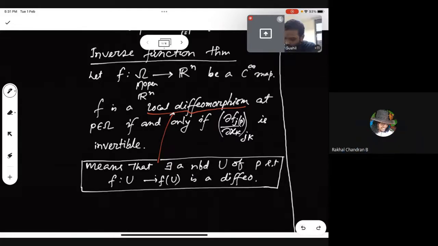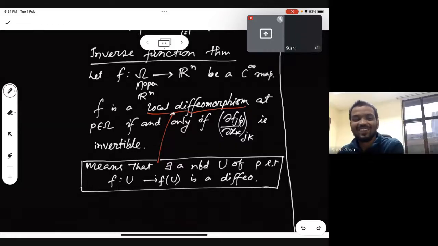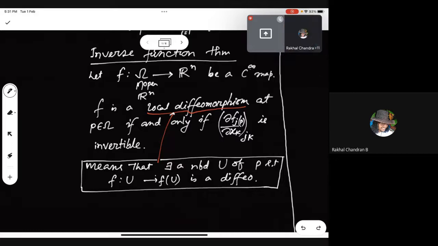Sir, in the proof we are constructing a U such that f of U is open in Rn. But when we are stating the theorem, writing f from U to f of U is a diffeomorphism is slightly weaker than saying that f from U to f of U is a diffeomorphism and U and f of U are open in Rn.